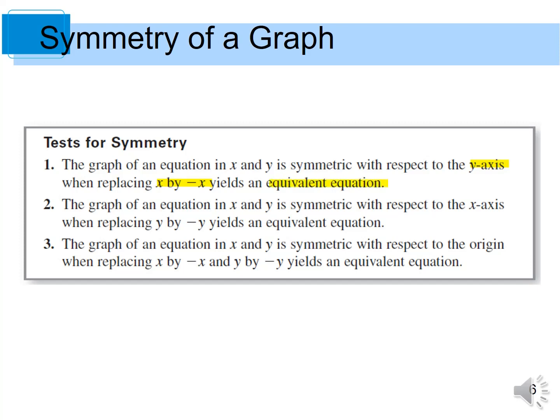If you want to test for symmetry with respect to the x-axis, you need to replace y by -y and then produce the original equation. If you want to test for symmetry with respect to the origin, you need to replace x by -x and y by -y, and then must produce the original equation.